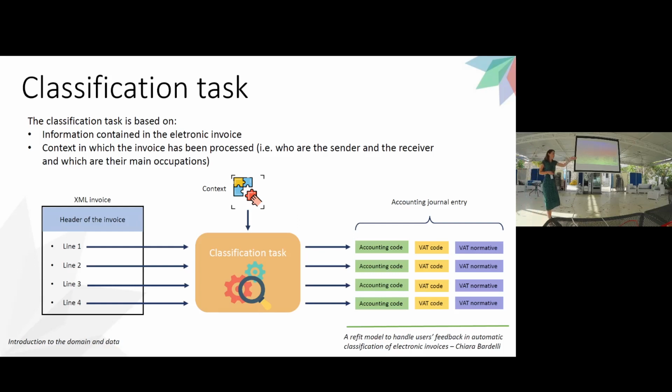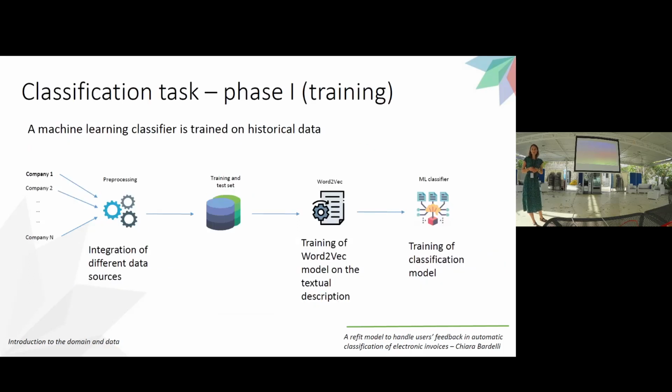Then we have the target variables that in our case are 3, and we have to develop 3 different machine learning models for each of these codes that we can see on the right side of this slide.